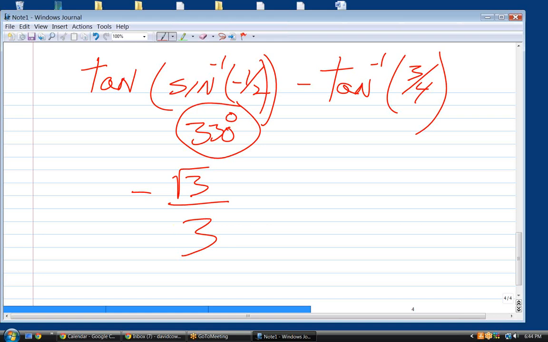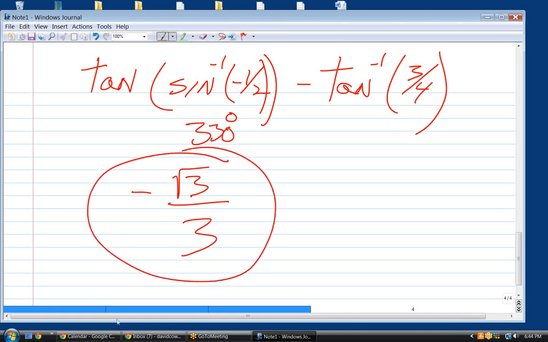So it's a significant consideration when you do inverse trig functions to give their singular quadrant, not two quadrants. Okay, so this is the answer to the left part of this thing, minus the inverse tan of 3/4.